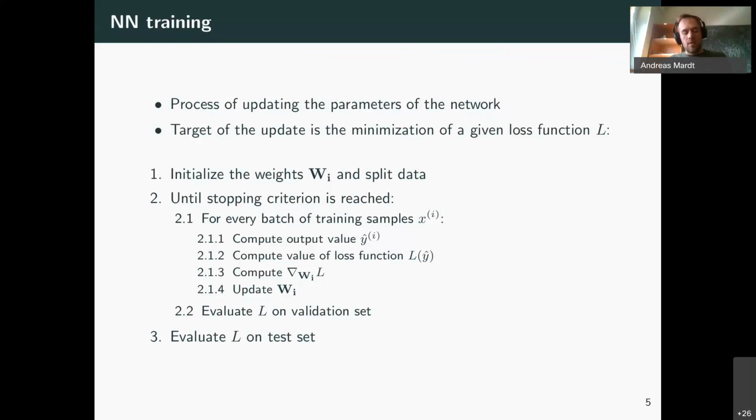In some cases, you also need a third set, a so-called test set, if you use the validation set for tuning some other parameters. Okay, so now we go to the training loop, in which we loop until some criterion is reached, which could be just that we want to go 20 times through our training data, and then we stop, for example.